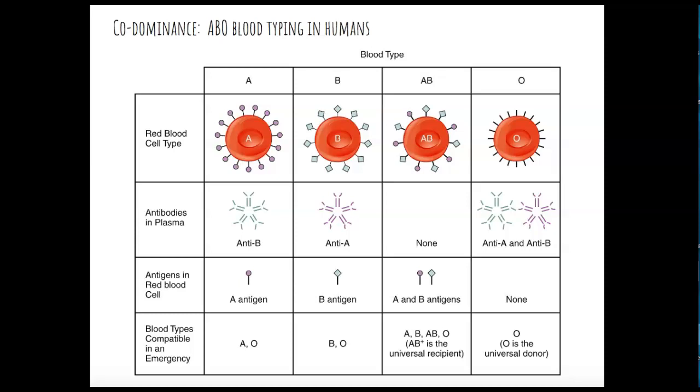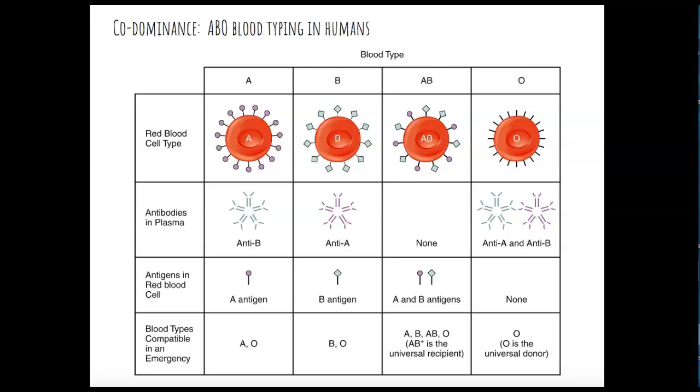People with type O blood are considered a universal donor because they have no antigens on them at all, and therefore O blood can be donated to any individual who is A, B, or AB. So O is the universal donor.